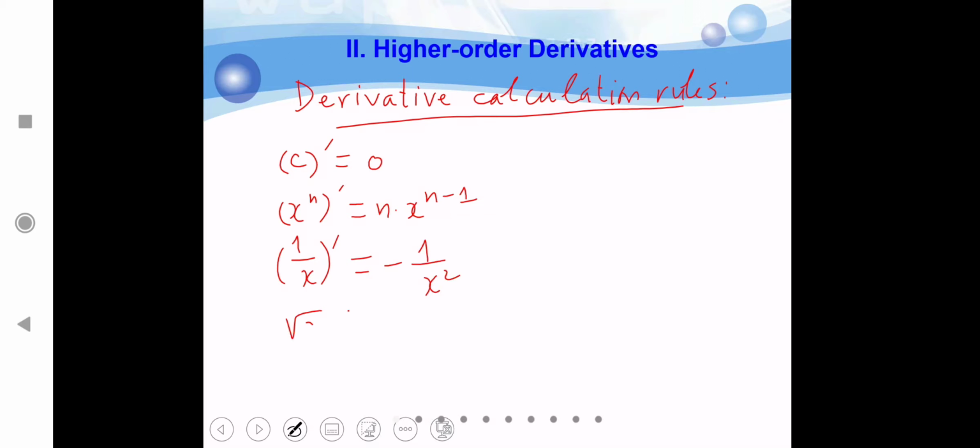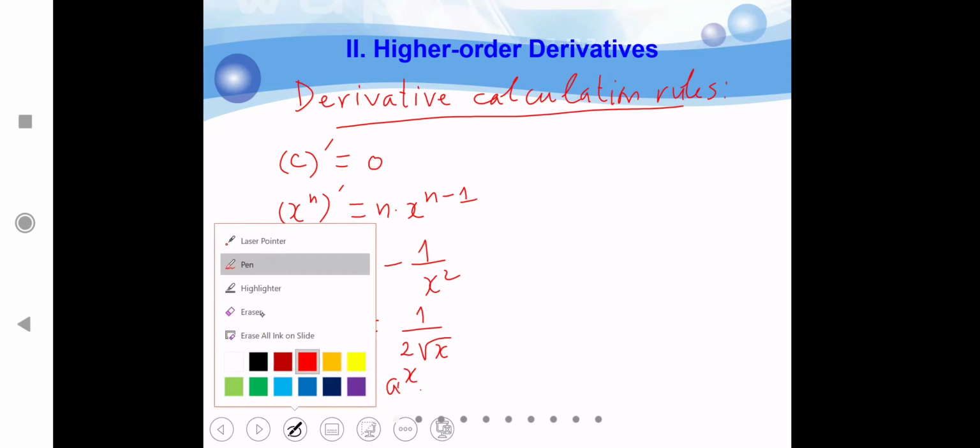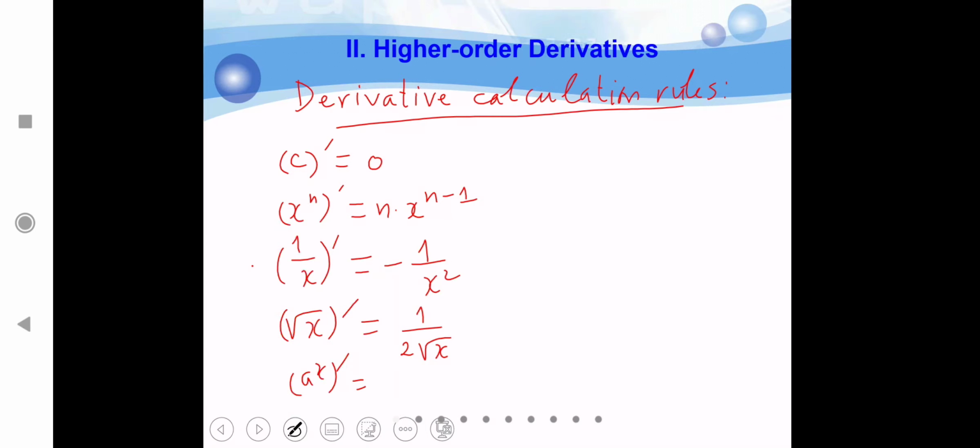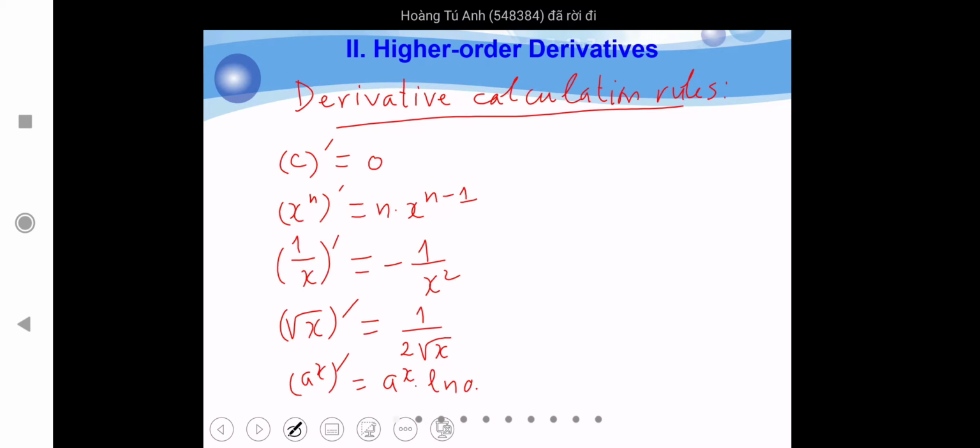Okay, square root of h derivative equals 1 over 2 square root of h. And a to the power h derivative equals a to the power h times natural log of a.